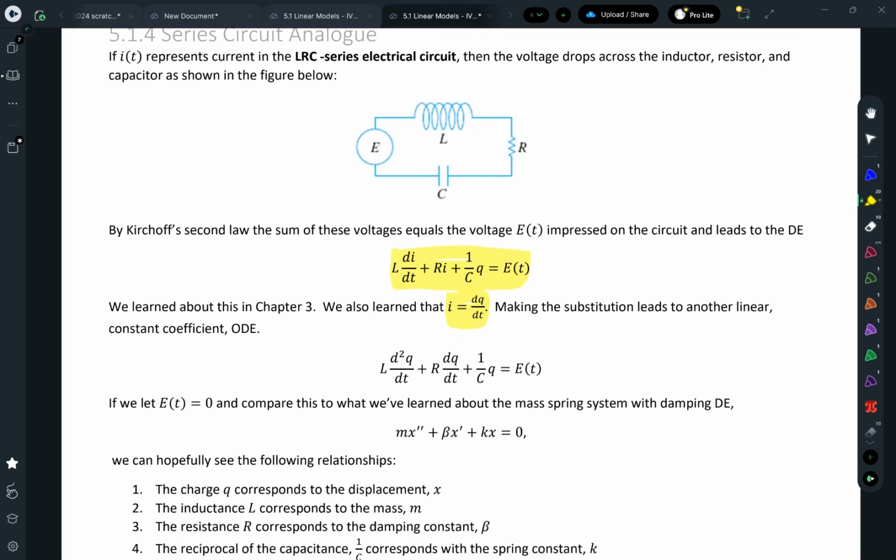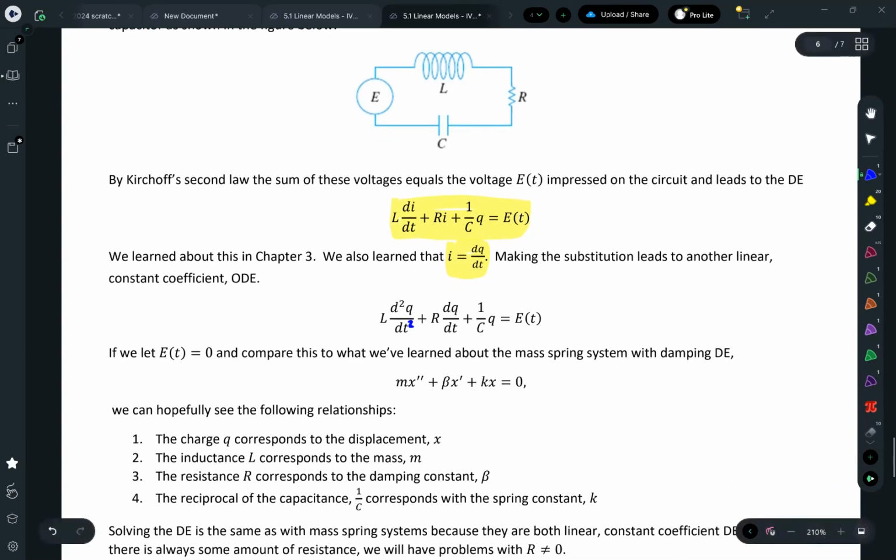We replace i with dq/dt, which means we replace di/dt with the second derivative, d squared q over dt squared. Okay, and so this is just extending what we learned in chapter 3. And so instead of looking at the current, we're looking at the charge.